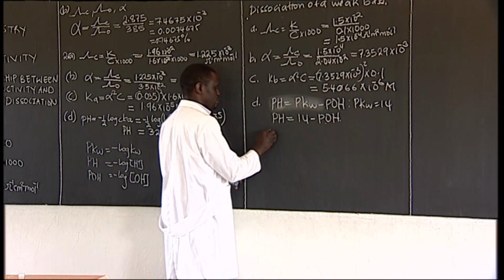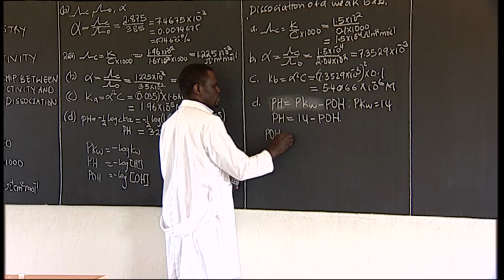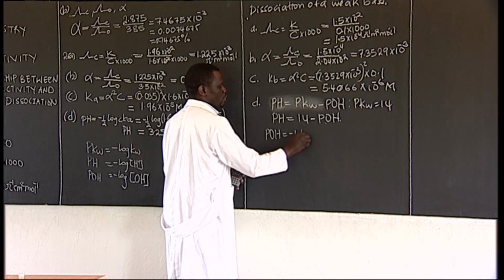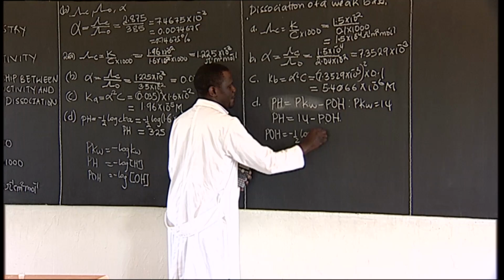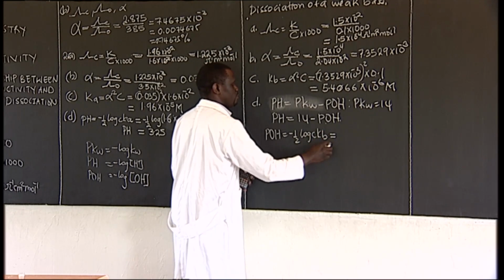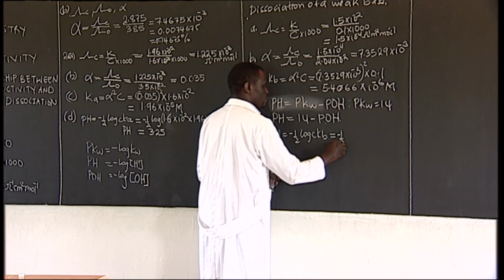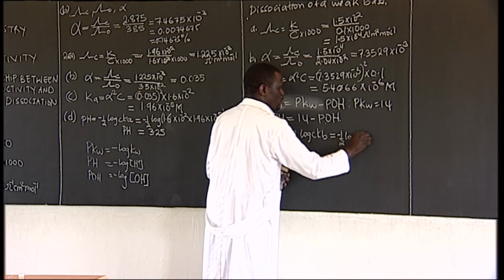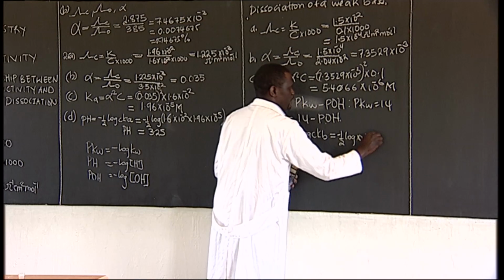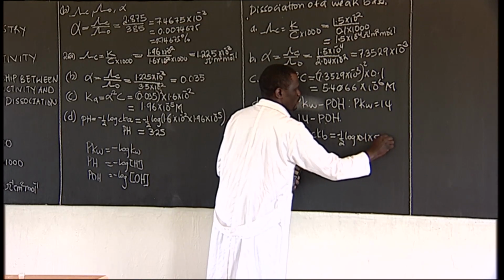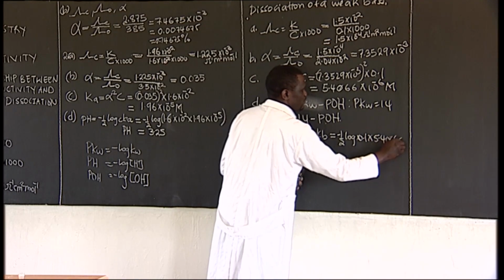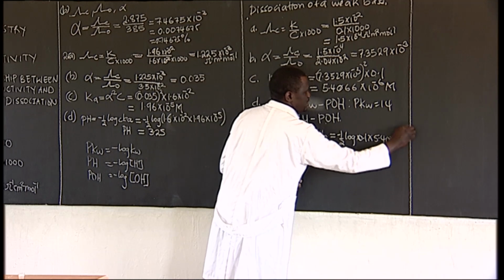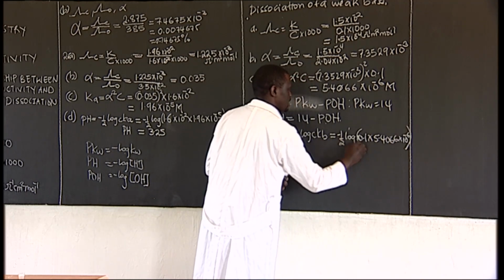From the definition, pOH is equal to negative a half log C times Kb. So we can substitute very quickly: negative a half log of 0.1 times 5.4066 times 10 to the power negative 6.